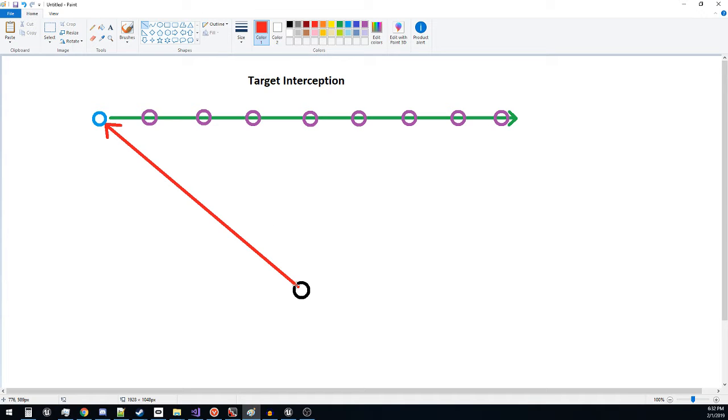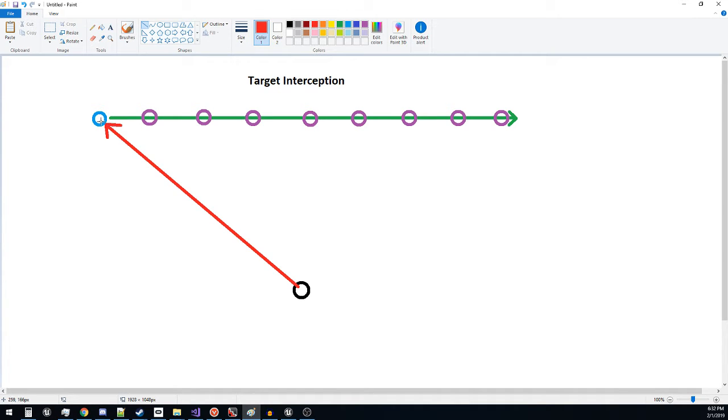The other issue is that if we have a AAA shell that is being shot, we want it to explode as close to our target as possible so that we create that area of effect damage. That means we have to be setting a timed fuse to explode at t plus x, where x is the time of flight to arrive at the target.